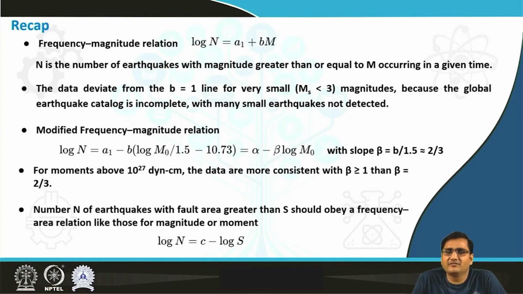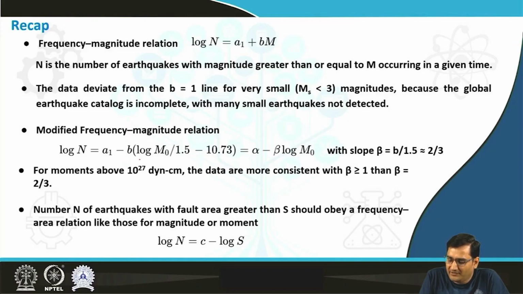In that case we want to replace the surface wave magnitude scale with a more robust magnitude scale, that is the moment magnitude scale. So we are going to use the moment magnitude scale in the modified frequency magnitude relation, or you can say the modified Gutenberg-Richter recurrence relationship, that is log of N equal to a1 minus bM.